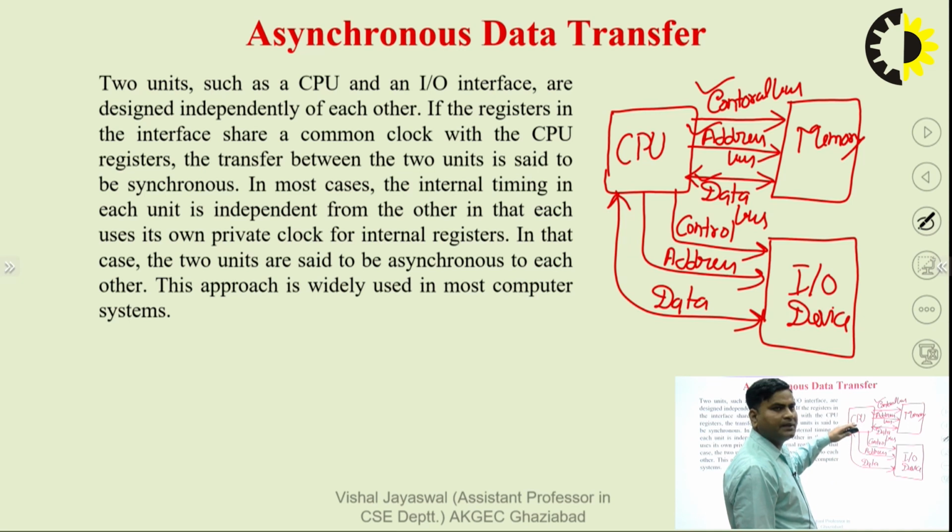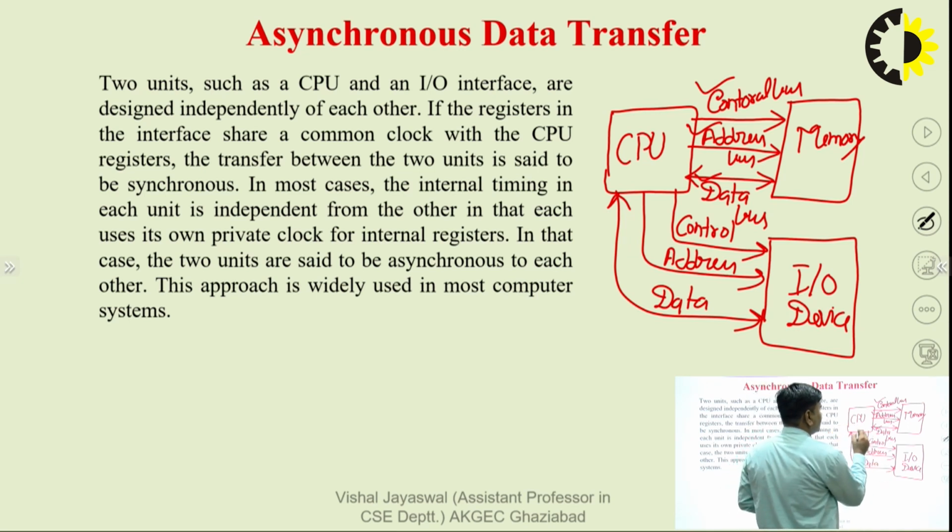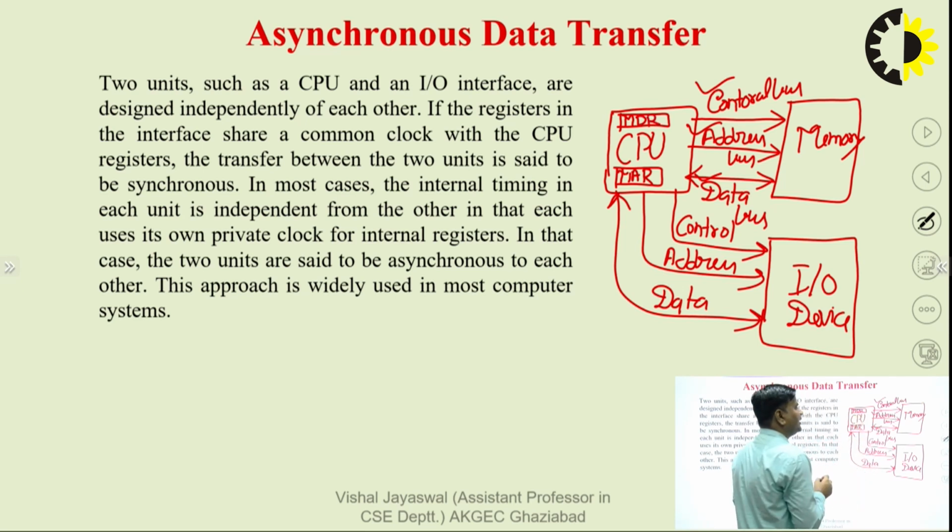Basically, in the CPU and I/O devices, there are some registers used. Let's suppose we have one register and another register. This register is called MAR, meaning memory address register, and another register is called MDR, that means memory data register.